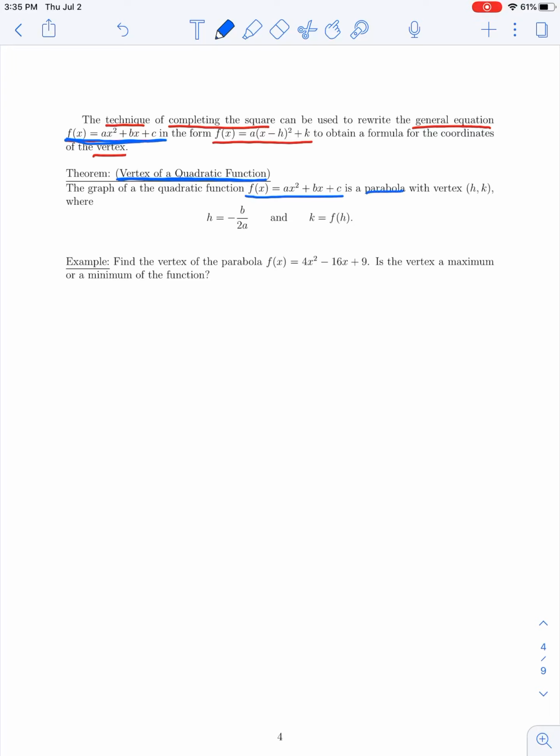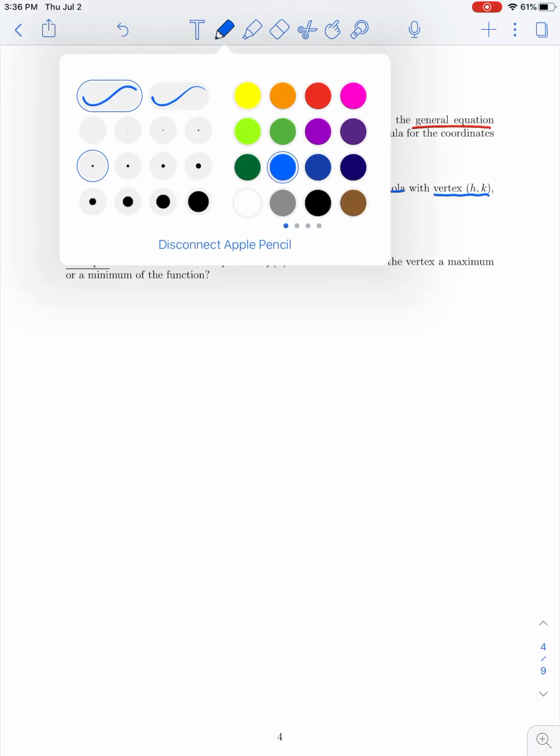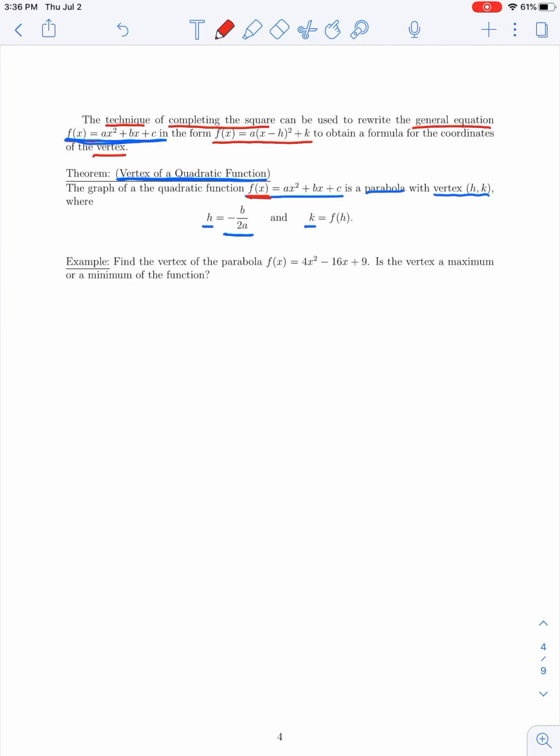So this represents a parabola whose vertex is hk, where h, that is the x-coordinate for our vertex, is negative b over 2 times a, and the k value, that is the y-coordinate for our vertex, is whatever the value of our function, f of x, is equal to when x is equal to h. So we take the x-coordinate for our vertex, and we plug it in to our function to get the corresponding y value for that vertex. All right.